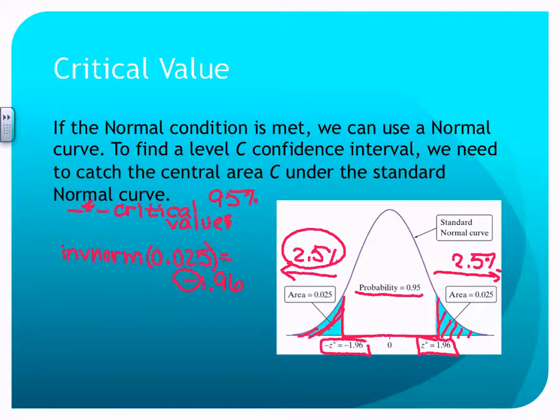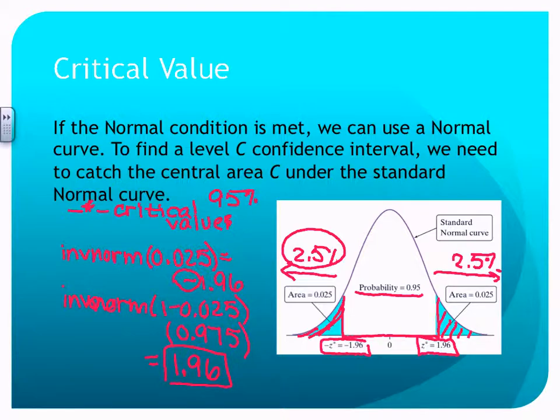So you can either choose to ignore the negative, or you could inverse norm 1 minus 0.025, which would be 0.975. An inverse norm of 0.975 is going to give you your critical value of 1.96, which is what you need to use.